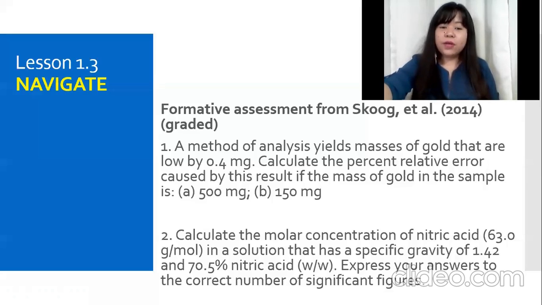After expressing this concentration in that manner, you can convert the numerator part, 70.5 grams of nitric acid, into moles of nitric acid. And you can also convert the 100 grams solution from the denominator into liters of solution.